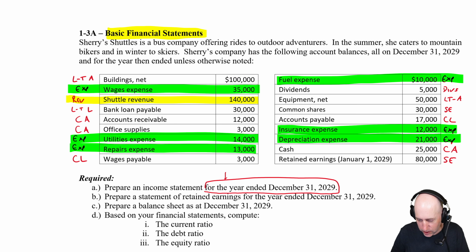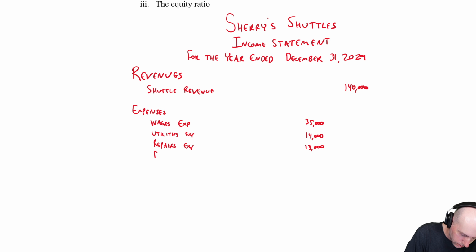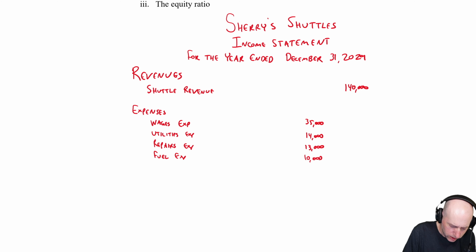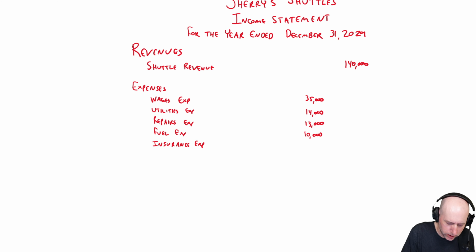So continue listing our expenses. Fuel expense, $10,000. I think I saw insurance expense next. I did 12, and depreciation is 21.